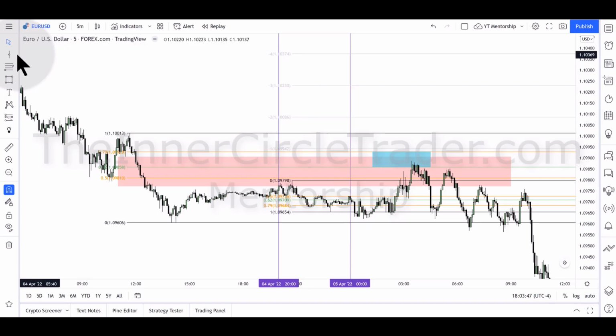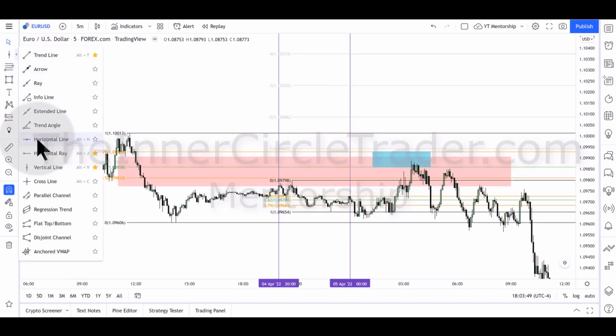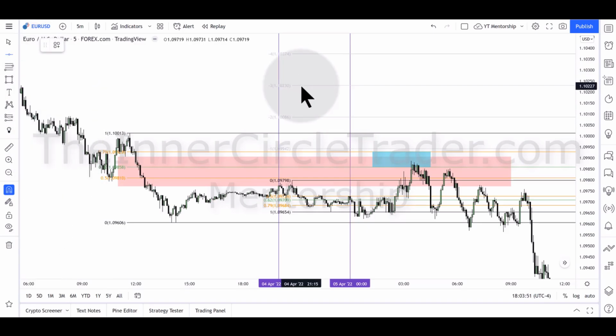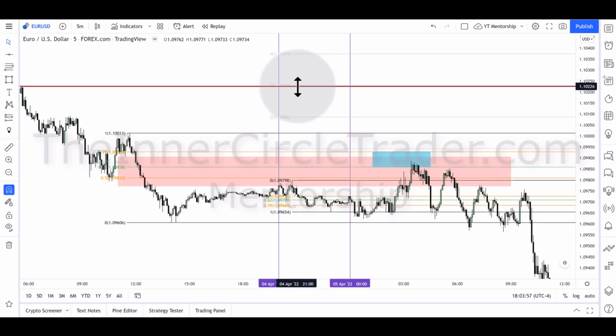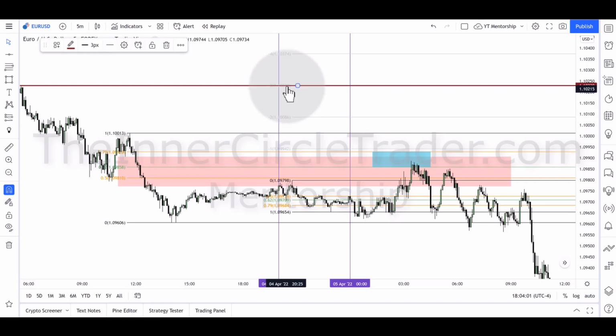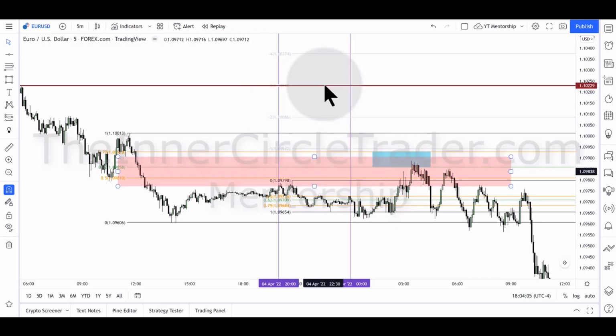So right away, we have this level here. I know it's 1 pip off. It's going to be enough for me, though, because it's going to drive me crazy. So we're looking for a premium array no higher than that if we're using the Asian range, using the tails to wicks.